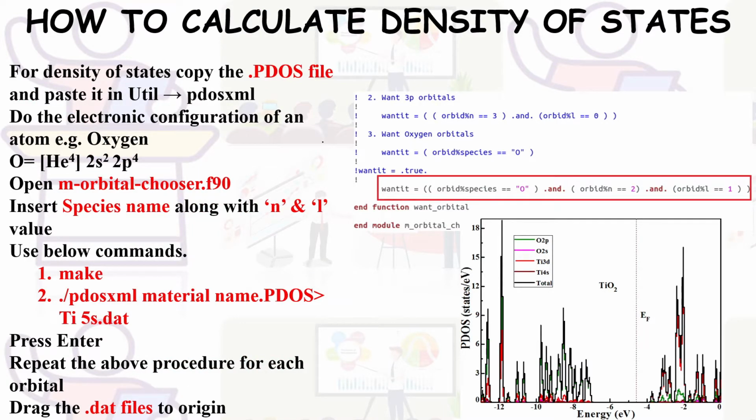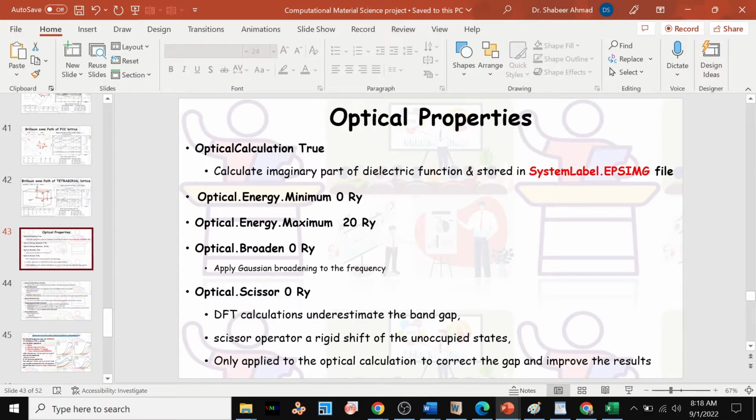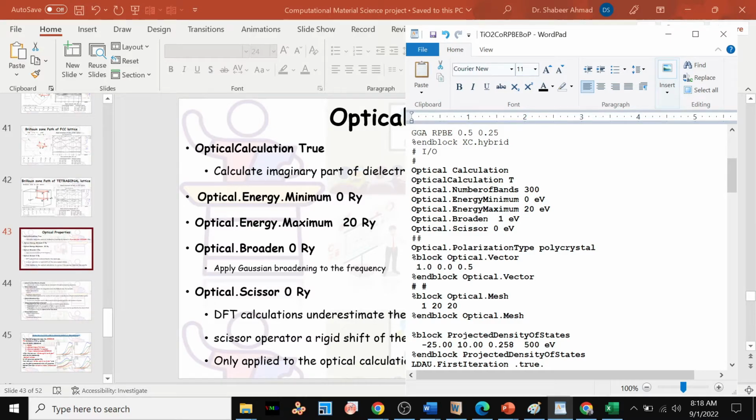The important thing is that, as I showed you, the optical properties here, like optical minimum energy. In the input file, you can see that optical calculation is true, and here we wrote capital T. So you can either use the complete word true or only T. And optical number of bands, we mentioned 300 bands.